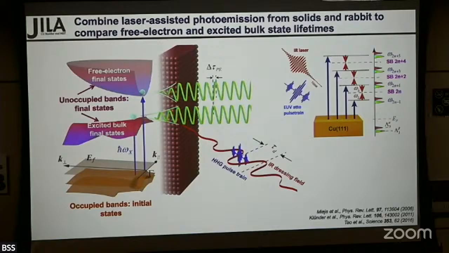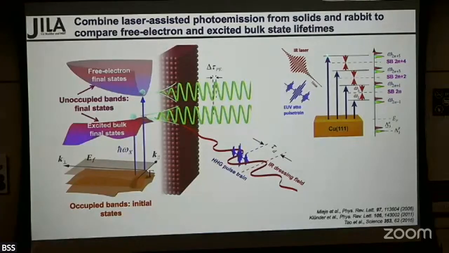As well as shining the attosecond pulse train on the material, we're also going to shine a laser beam. And it turns out in photoemission, if two types of photons are present, there's a finite probability, in fact a large probability, that the photoelectron can absorb the EUV photon and a laser photon.